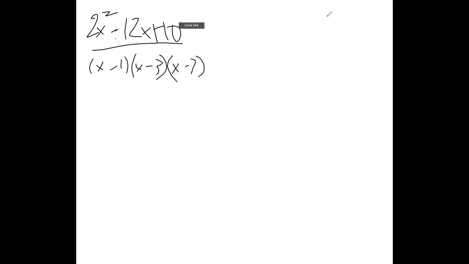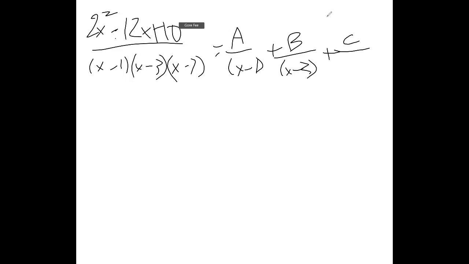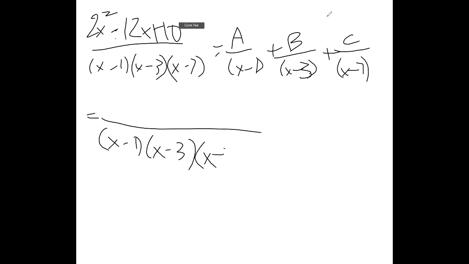So let this just be a over x minus 1 plus b over x minus 3 plus c over x minus 7. Right, so we used the least denominator trick. So we have that this is a, and then x minus 3 times x minus 7 is x squared minus 10x plus 21.